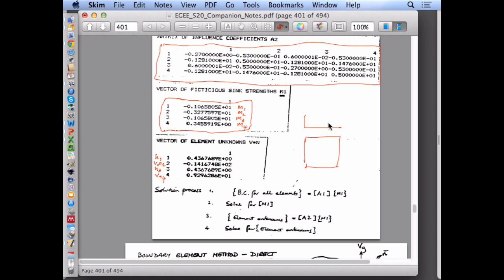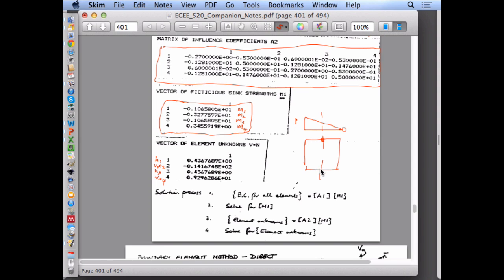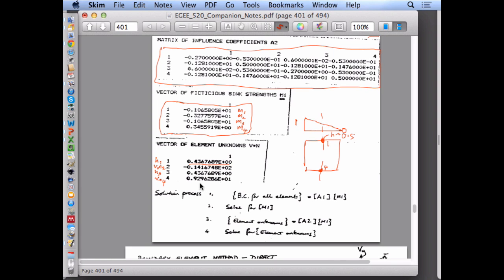The distribution of head across our system would go from 1 at the upstream to 0 downstream. So at the middle of these nodes, at nodes 1 and 4, you'd think that the value should be about a half. It's not. It's 0.43 and it's 0.43. So it's a little less.